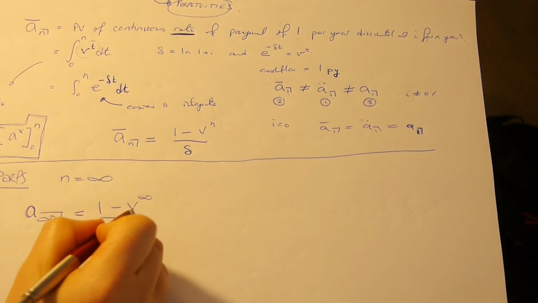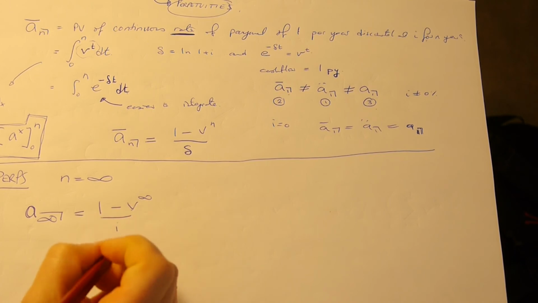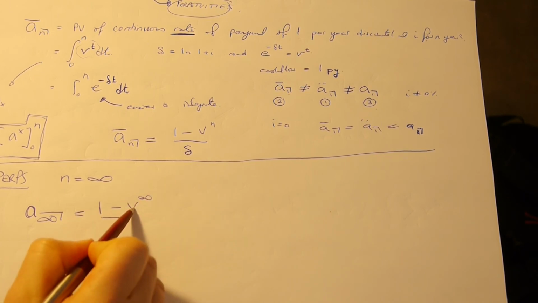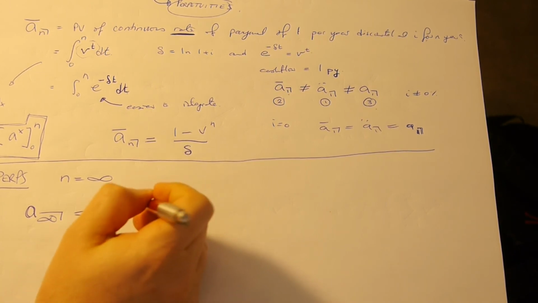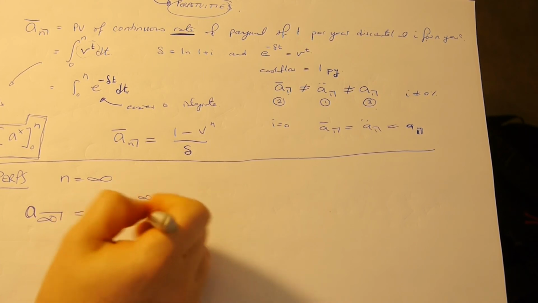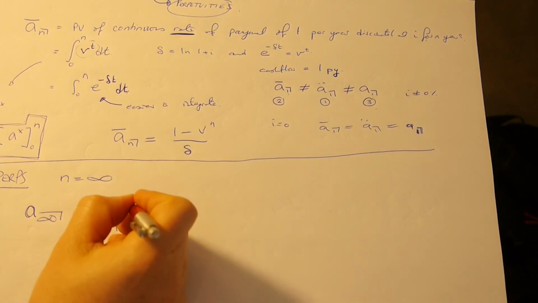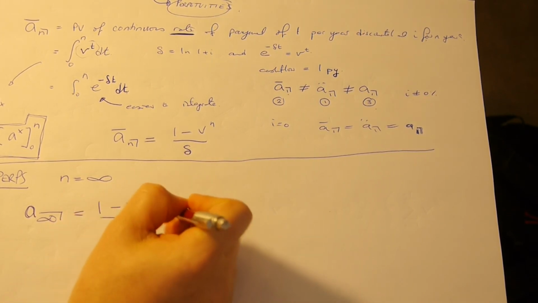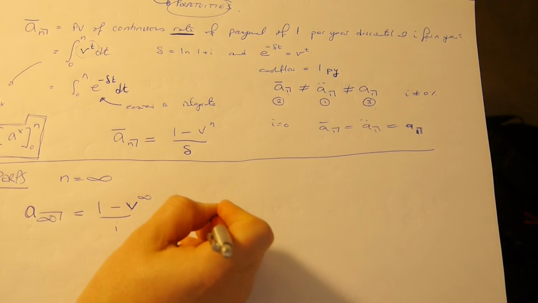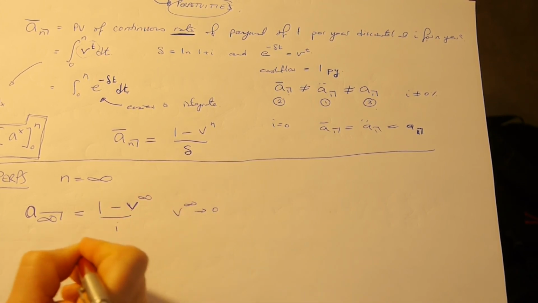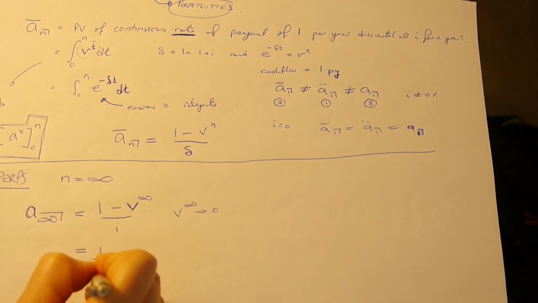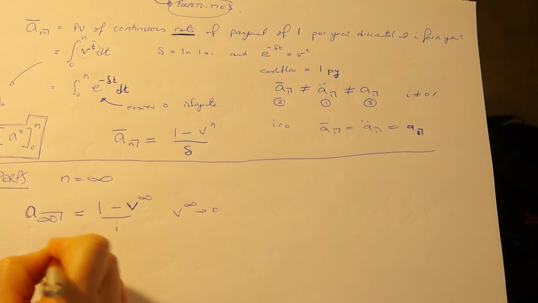We know that, if i is greater than 0, v to the n is going to be less than 1. So if we take it over an infinite amount of time, this tends to 0, so v to the n goes to 0, which implies that we have 1 over i for that.